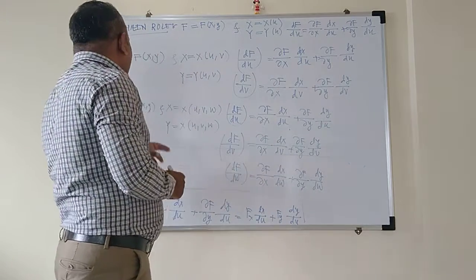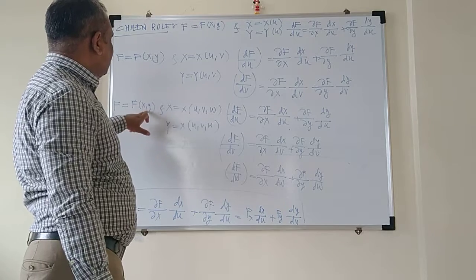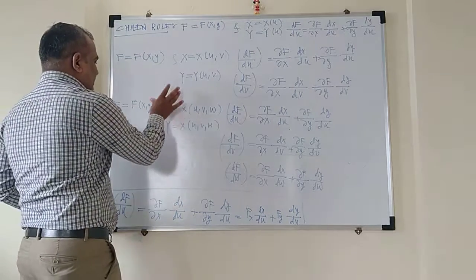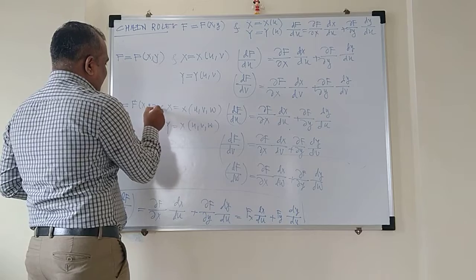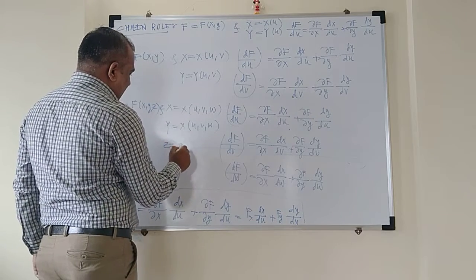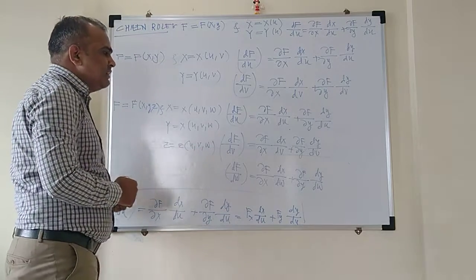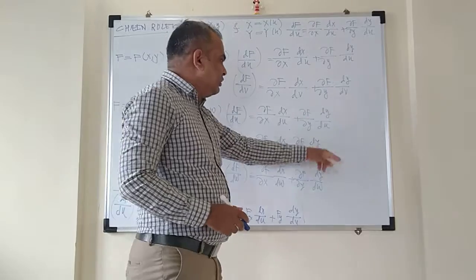If suppose f itself is a function of three independent variables x, y and z, then what will be the change? One more variable adds here, and x, y and z are functions of u, v and w. Then you must go on adding one more term here.